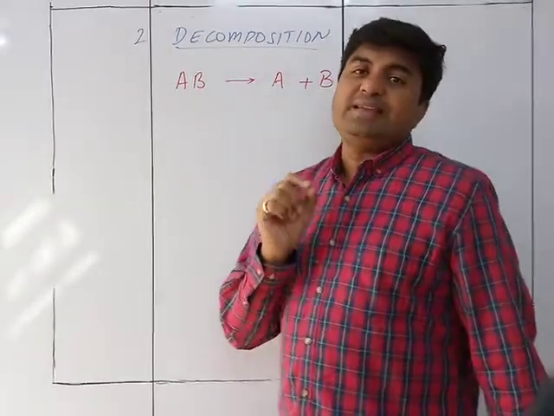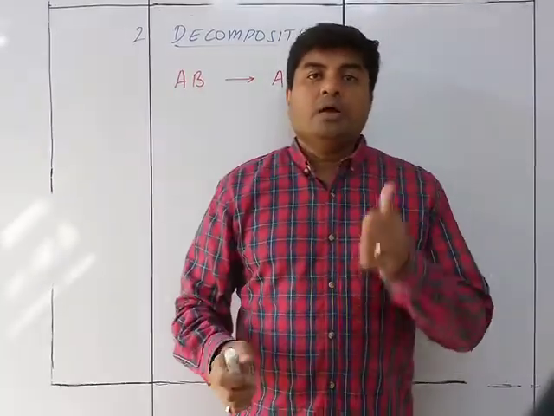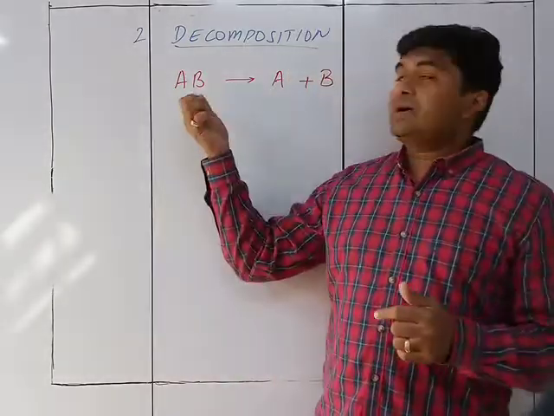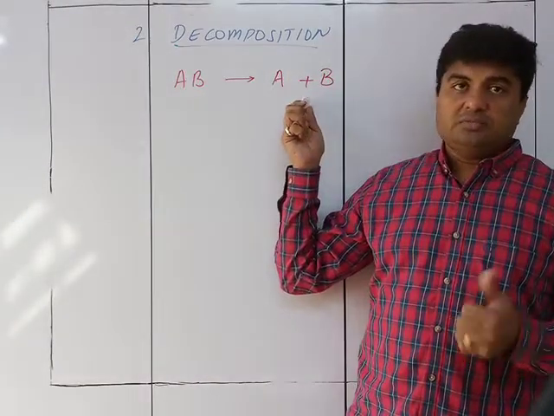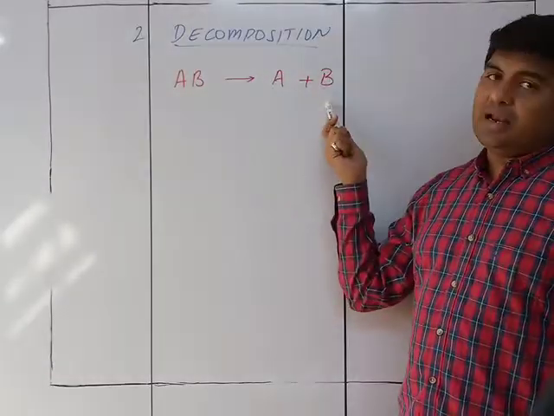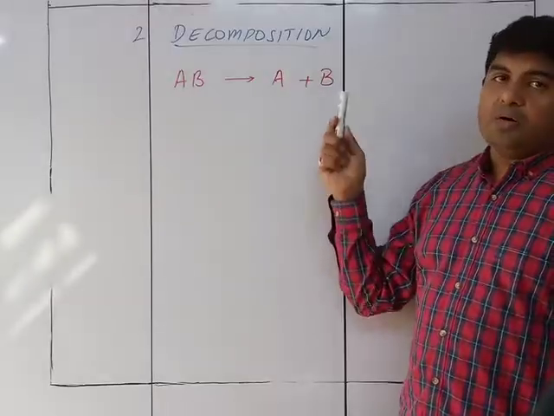It is going to be the same way as in the case of direct combination. Direct combination में क्या था? Two elements giving me a compound. Similarly here, a compound giving me two elements. That is possible. A compound giving me a compound and an element, possible. A compound giving me a compound and a compound, again possible.